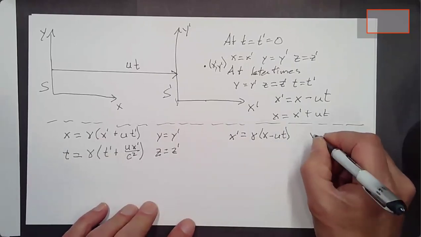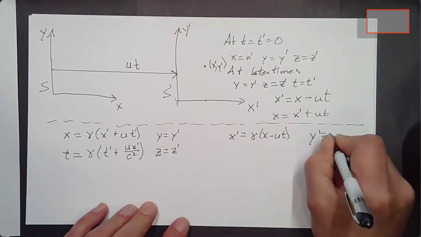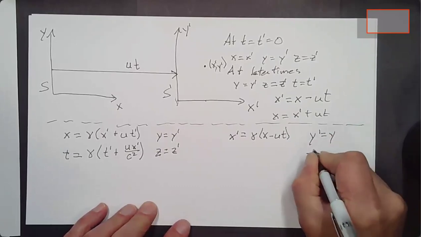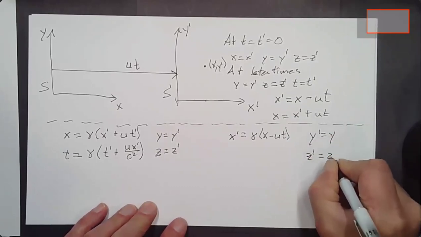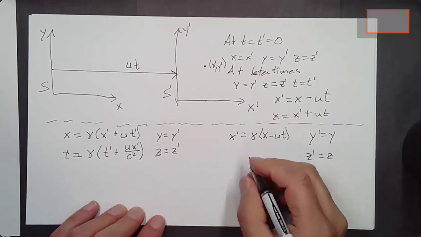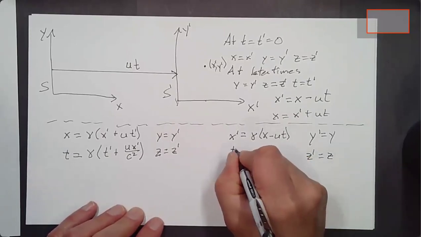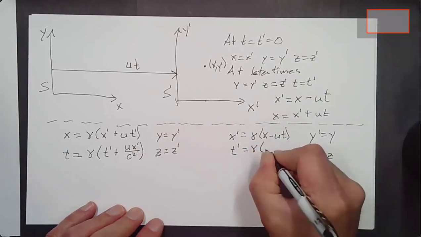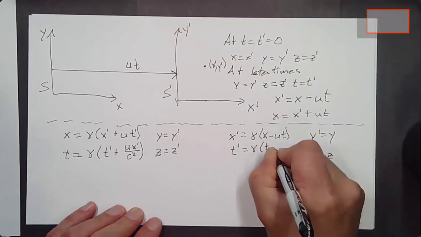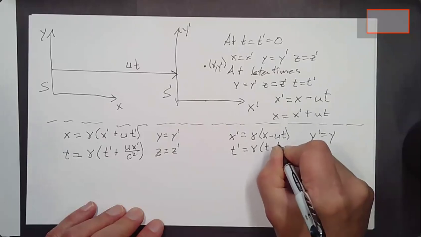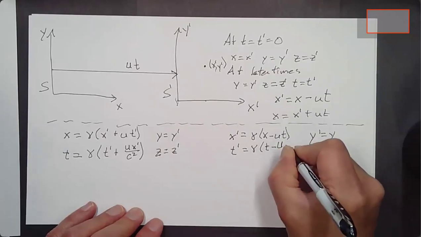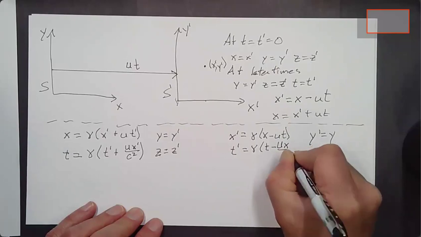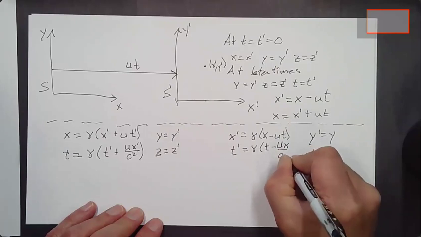Okay, we already knew that y prime is equal to y and z prime is going to be equal to z. Time-wise, we'll have t prime equaling gamma times t minus ux over c squared.